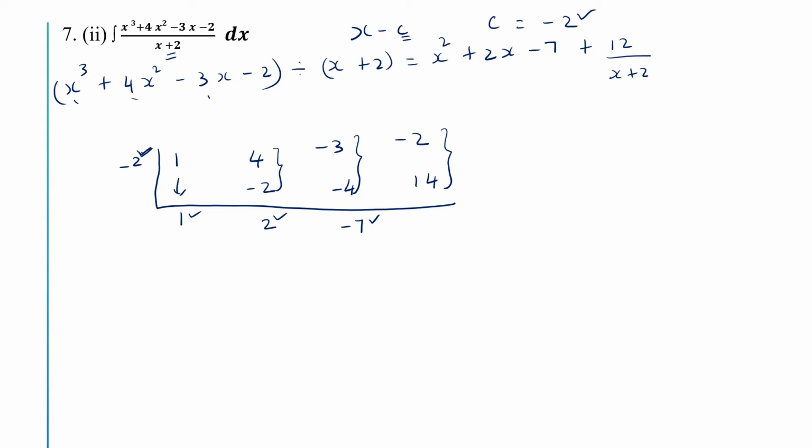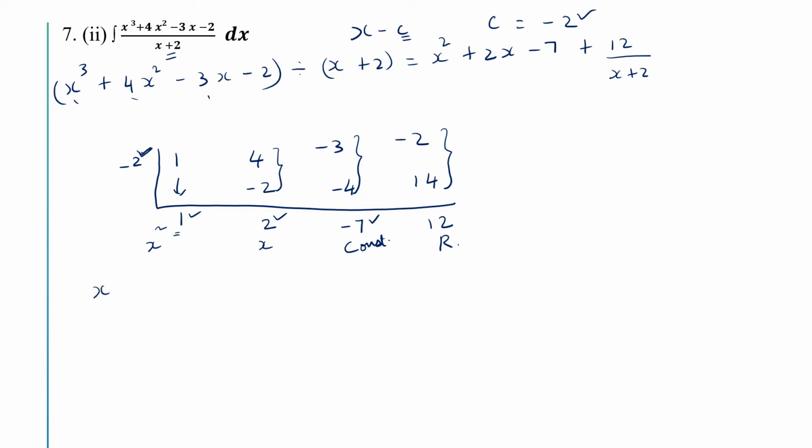When we add these two, we get 12. Here the first number corresponds to the coefficient of x square, the next number to the coefficient of x, the next is the constant term, and this last one is the remainder.